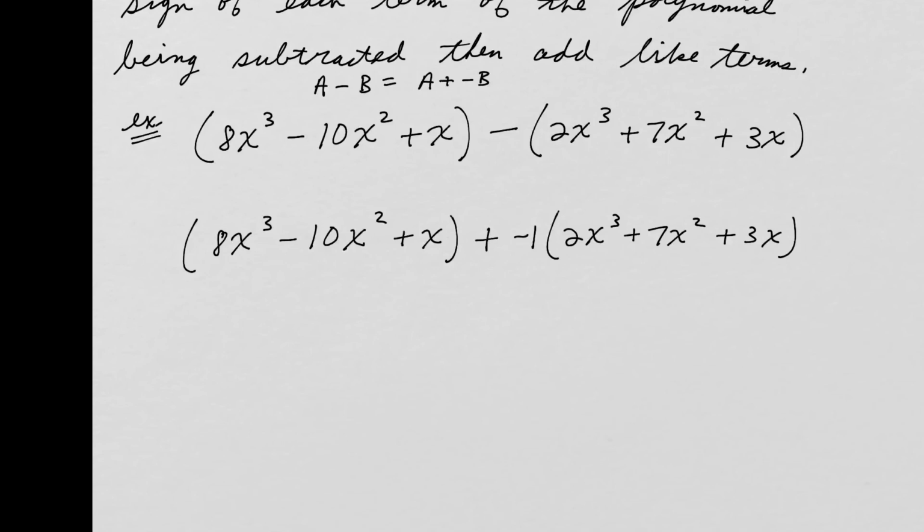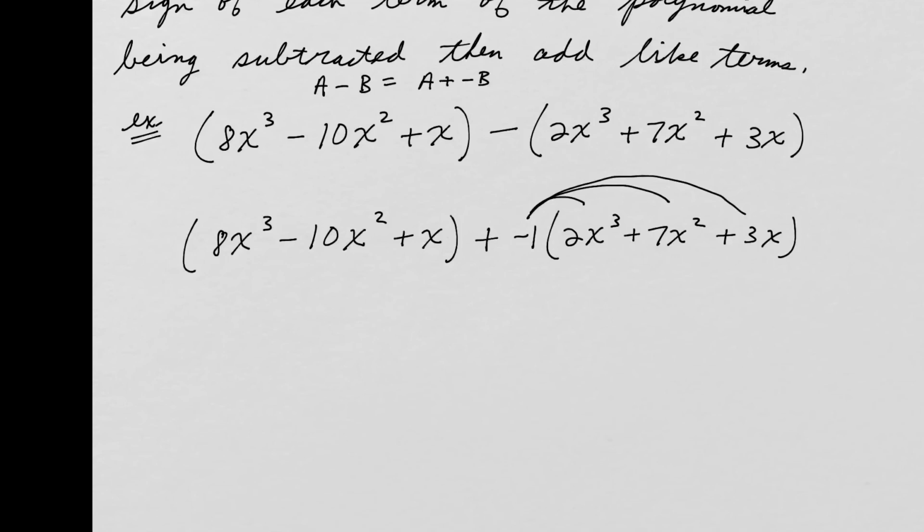So what do we need to do first? We need to distribute in that negative 1, right? So I need to multiply every term by negative 1. Well, what does that do when I multiply every term by negative 1? It changes the sign of each term in that polynomial. So that's why you change the sign, because you're really distributing in a negative 1.